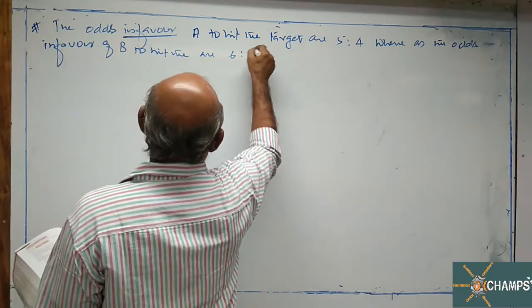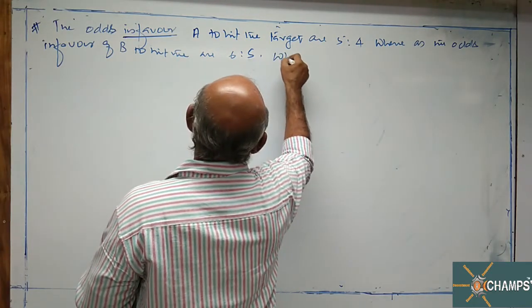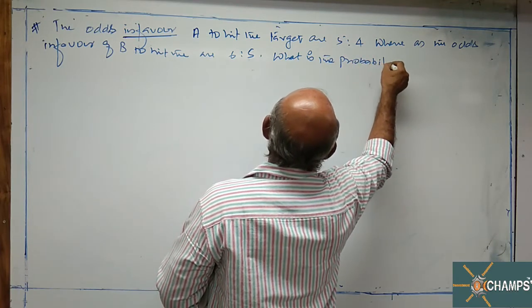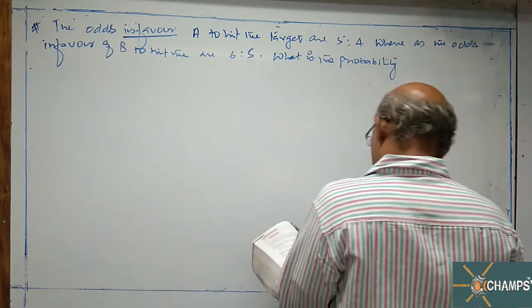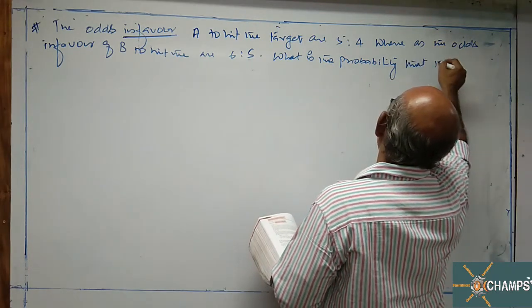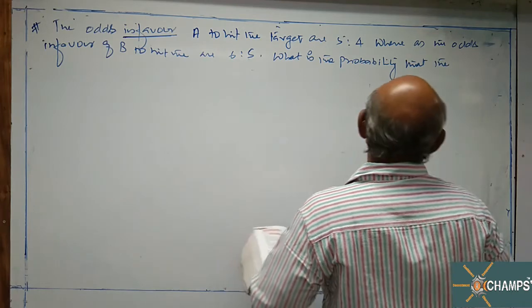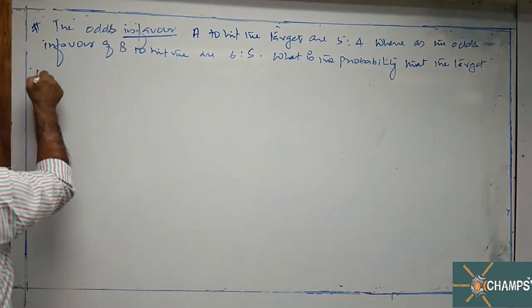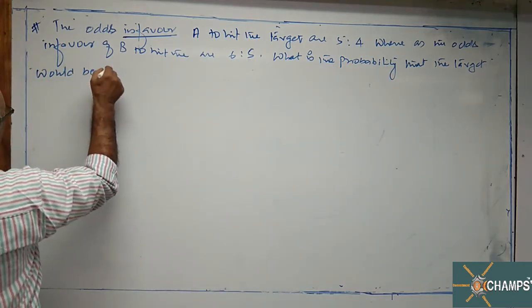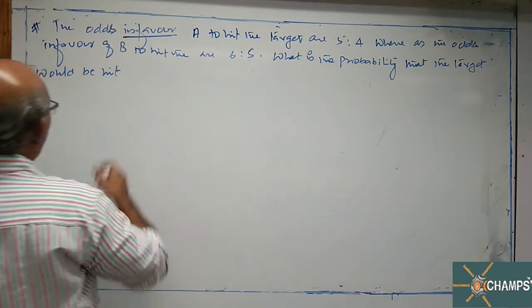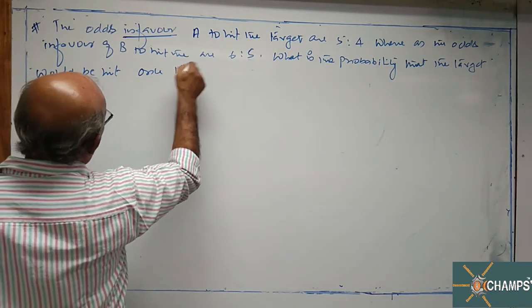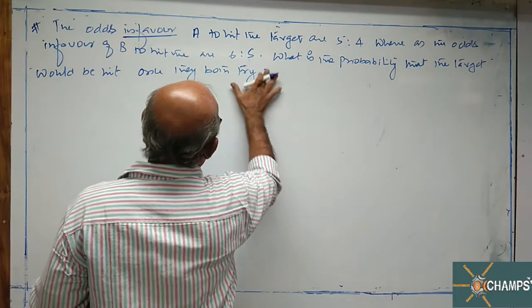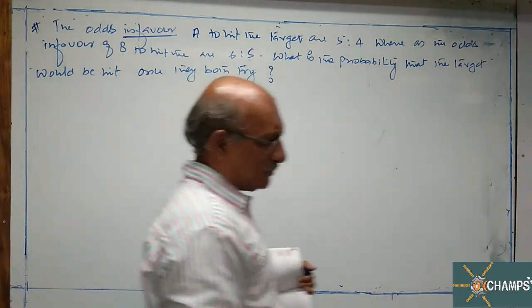Sorry, 6:5. What is the probability that the target would be hit once they both try?